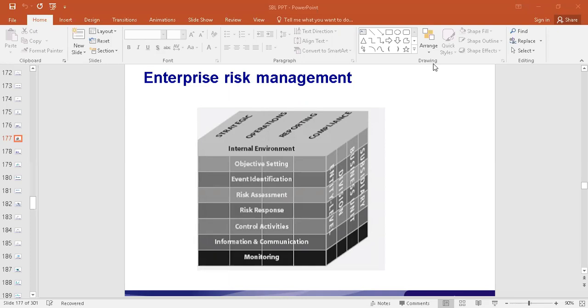So yesterday I did show you one framework for internal control. Yes. How do you know Navin is there in the waiting room?